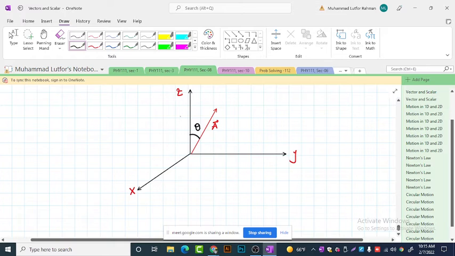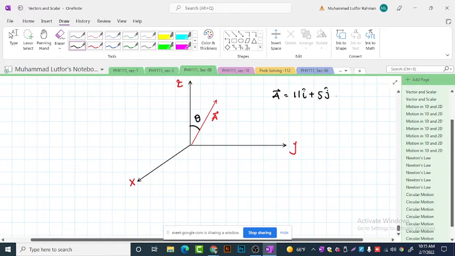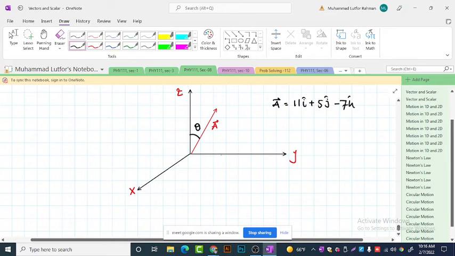I want to use a precise value, then it would be easier for me to do that calculation. Only for the calculation I am going to say that vector a is written in the form 11 i hat plus 5 j hat minus 7 k hat. Then I want to know what angle is created with the z-axis. I don't have any other information, and I'm going to find it out.